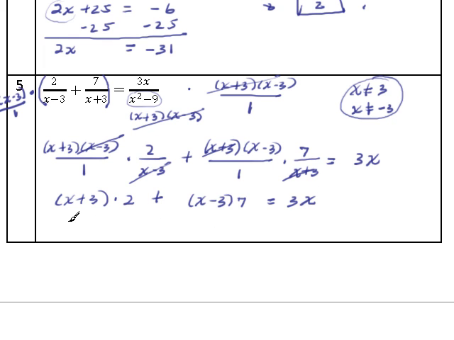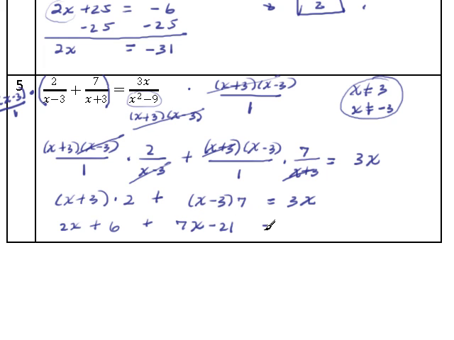And multiply through. So here we have 2x plus 6 plus 7x minus 21 is equal to 3x. All right, we have some like terms. We have 9x minus 15 is equal to 3x.